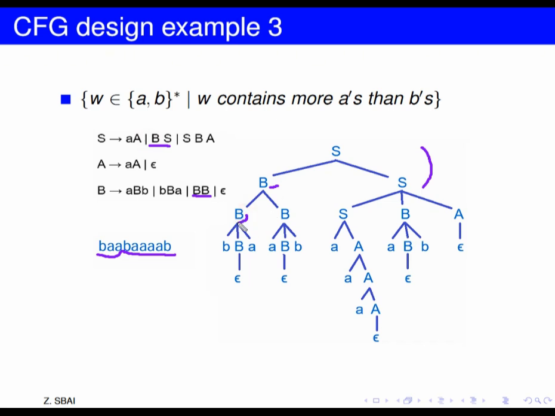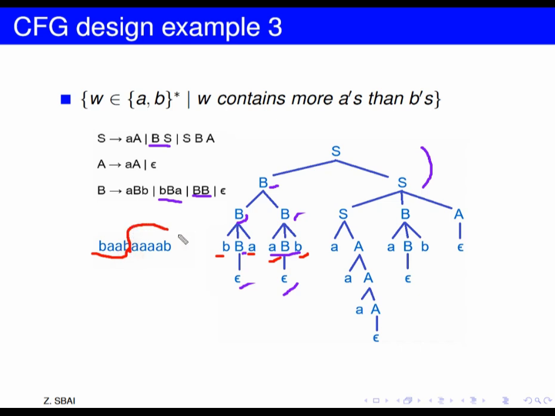For this B, it will be substituted by BBA, and the B in the middle will be substituted by epsilon. Here for the second B, it will be ABB, and the B in the middle will yield to epsilon. Here the first part of the string has appeared: B A A B.